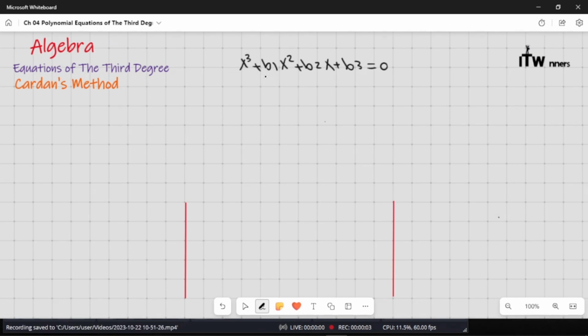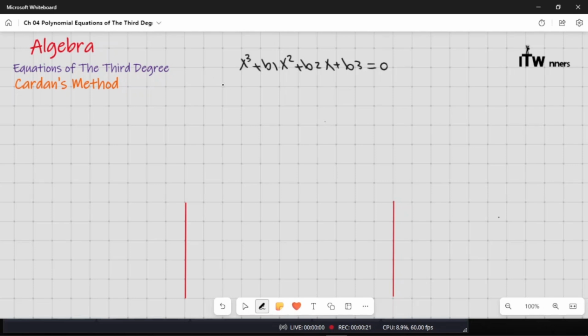Here the coefficient of x squared is p1, the coefficient of x is p2, and the free term is p3. We will perform this solution in two steps.